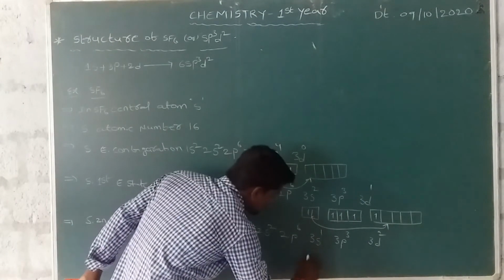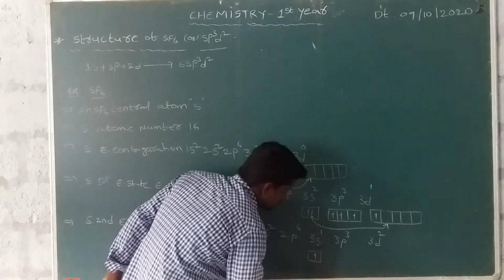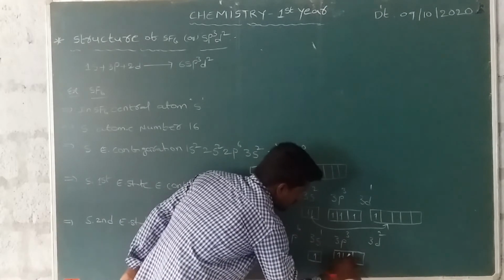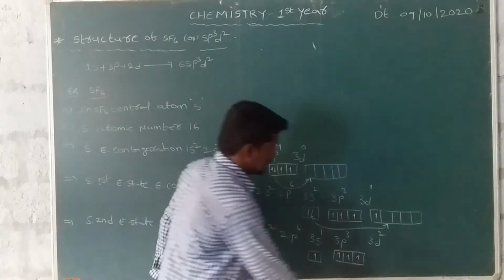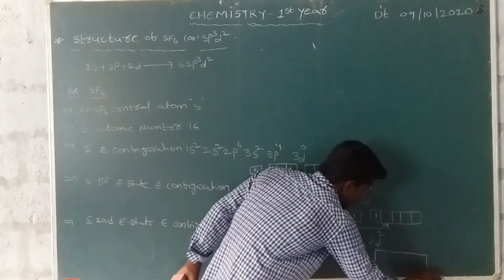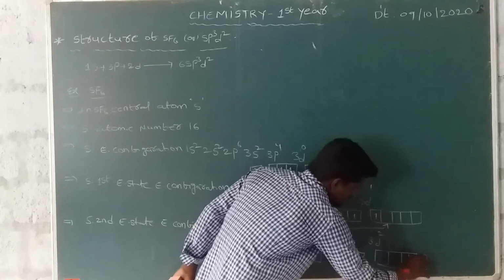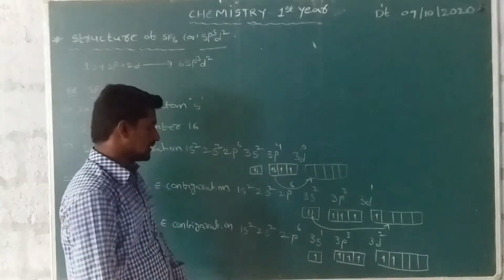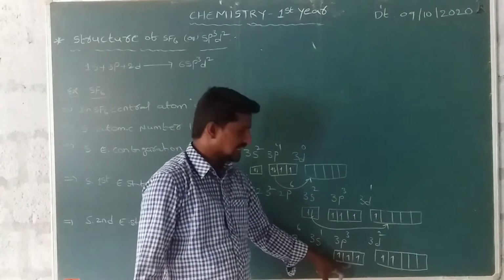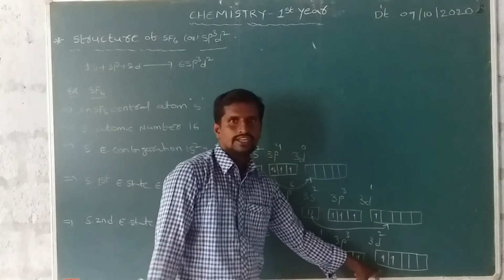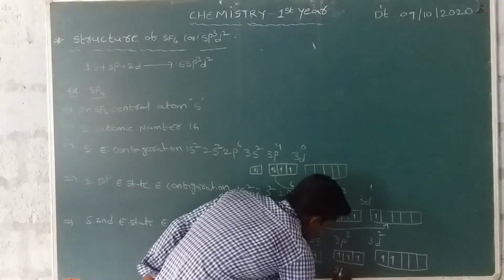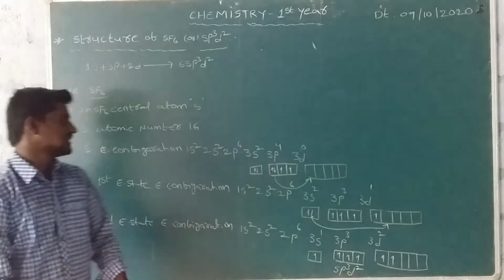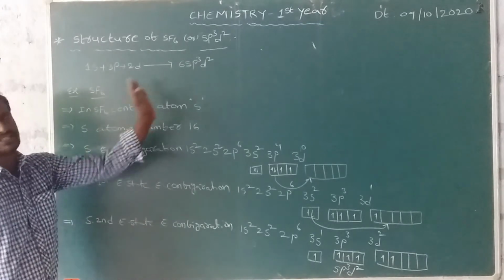In the second excited state, one electron moves from the 3s orbital to the 3d orbital, giving 3s1, 3p3 and 3d2. So 3s has 1 electron, 3p has 3 electrons and 3d has 2 electrons. Totally s1 p3 d2, which is sp3d2 hybridization. This is the structure of SF6.